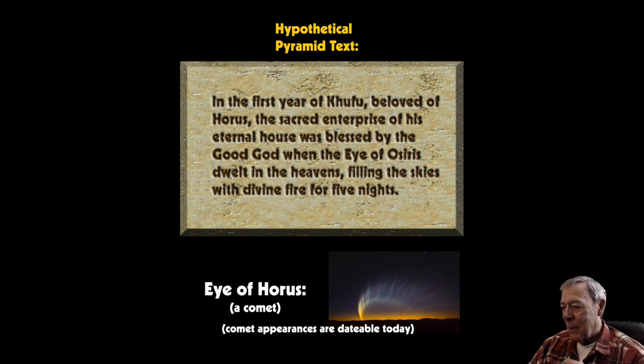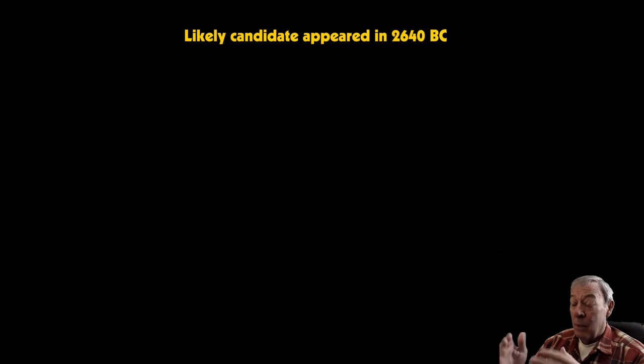So the appearance of that comet can be datable today. So let's say that a likely candidate appeared over Egypt in 2640 BC, our own date.